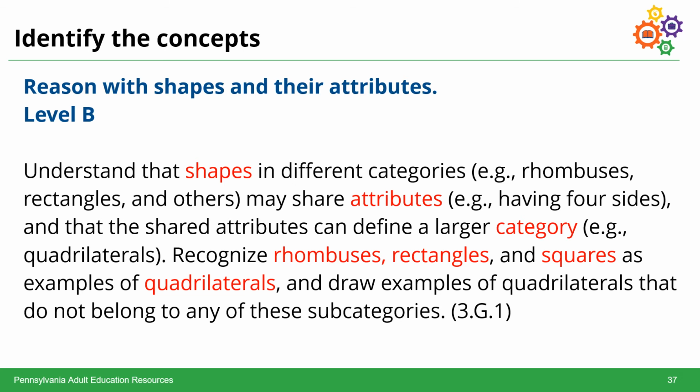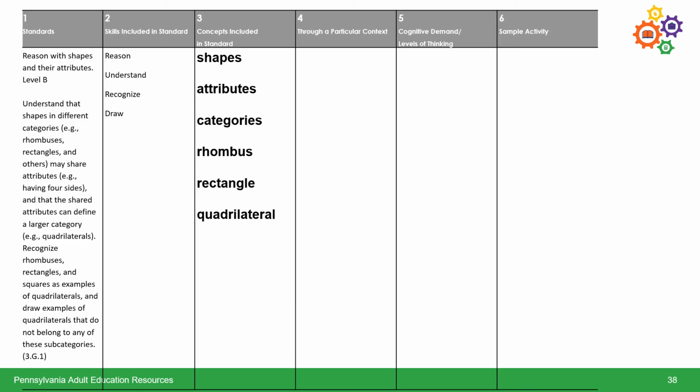The concepts in this standard are shapes, attributes, categories, rhombus, rectangle, and quadrilateral. Your unpacking chart might look like this right now.